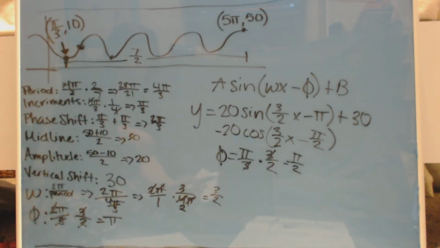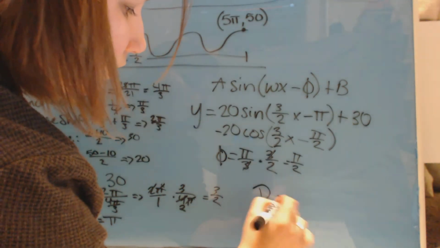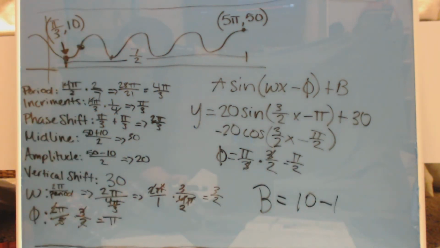And then in order to find what b is, this time we are just taking... I don't remember entirely why one of the instructors said this, but she says that b is 10 minus 1.